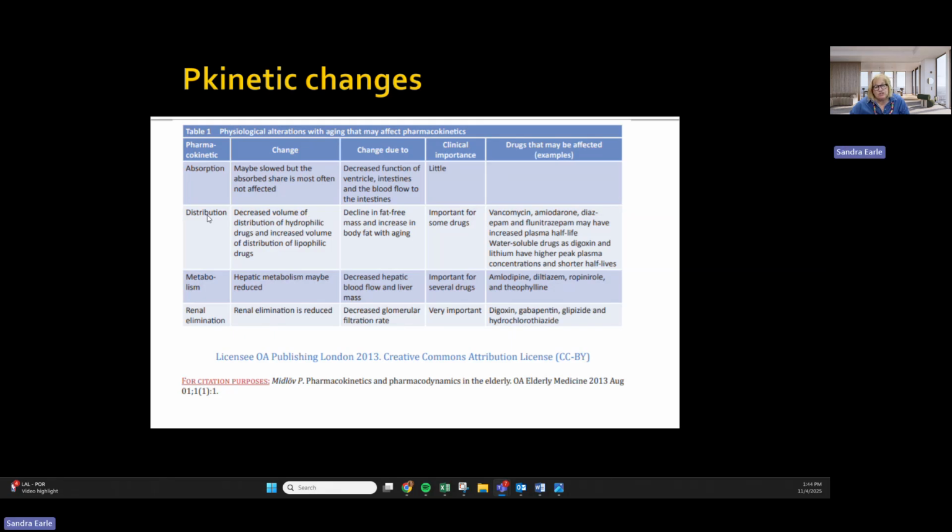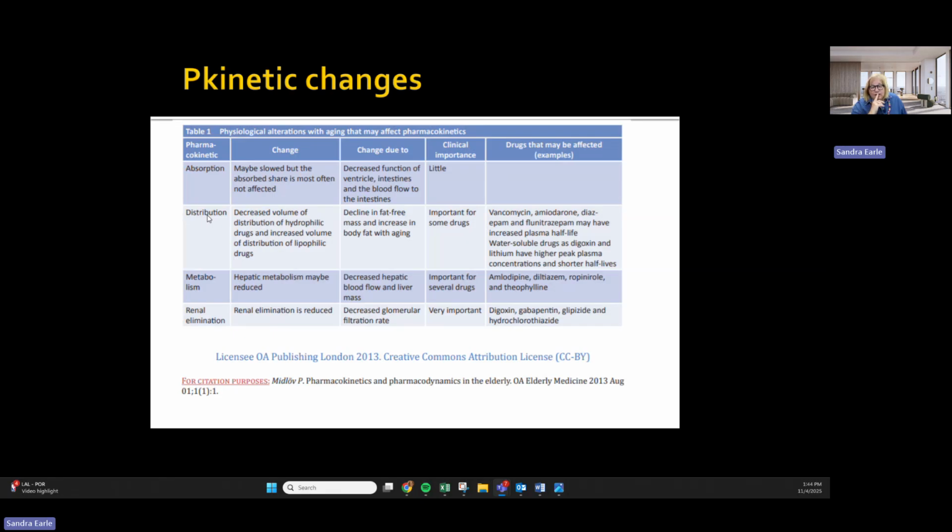Distribution. So changes in distribution are usually due to changes from being higher amounts of water, a percentage of the body being water, to higher percentages being fat as we age. So decrease in volume of distribution of hydrophilic and an increase in volume of distribution of lipophilic drugs, and also the changes in binding.